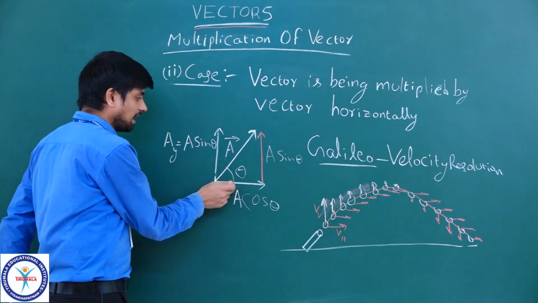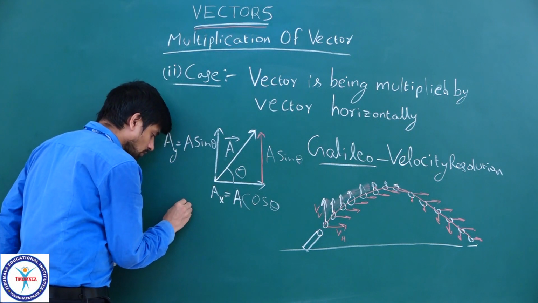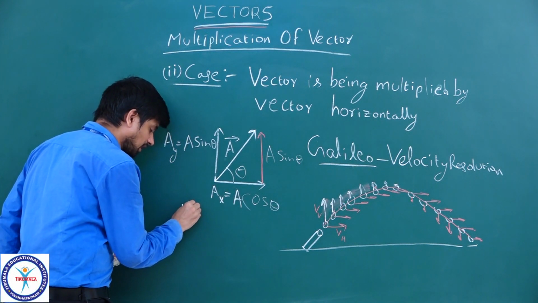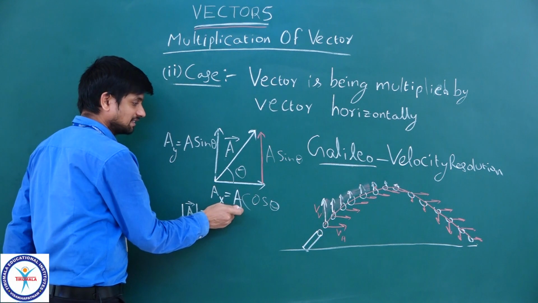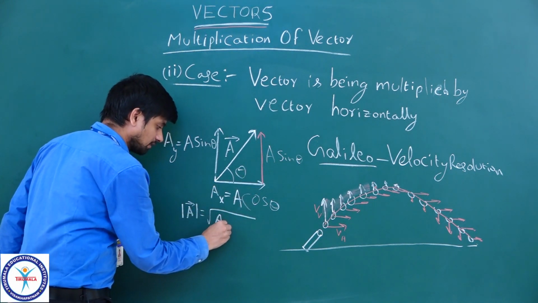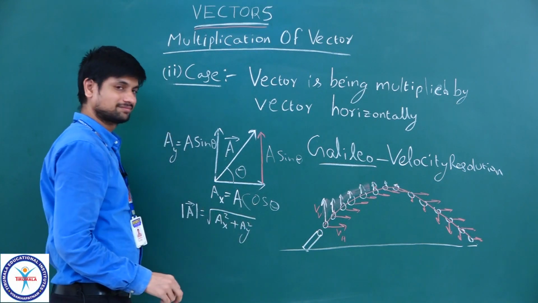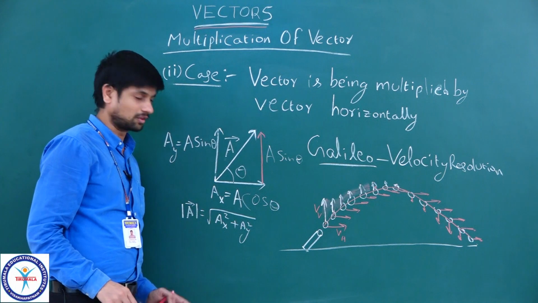What do you do? Apply the Pythagoras theorem. The modulus of A bar equals the square root of Ax square plus Ay square.